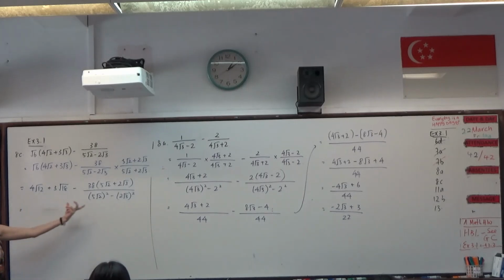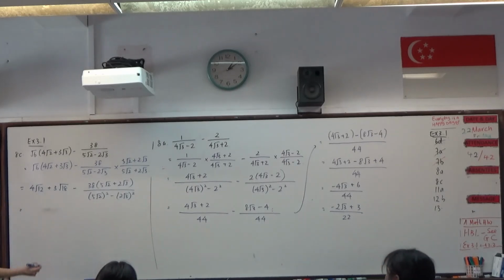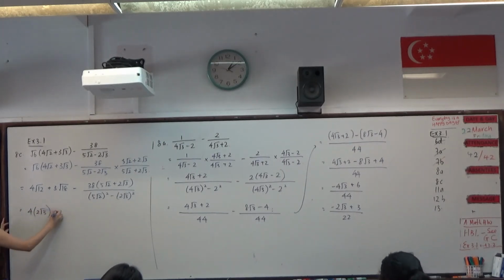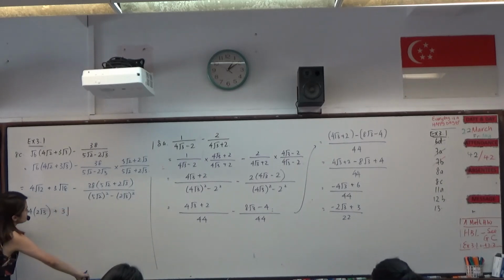Then you can press the calculator for this denominator. 4 root 12. 12 is 4 times 3, so that is 2 root 3. 18 is 9 times 2.